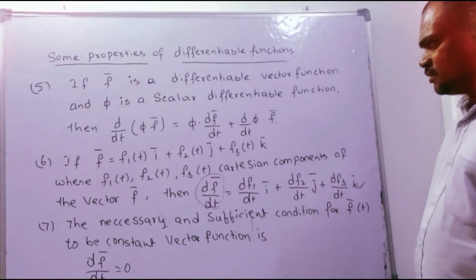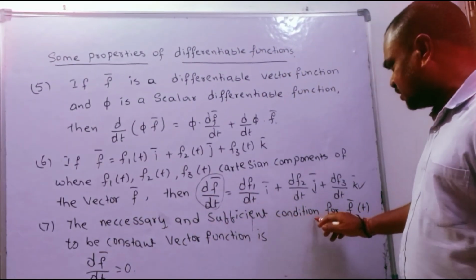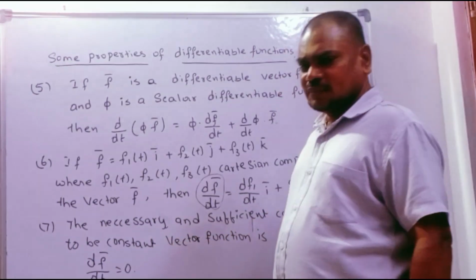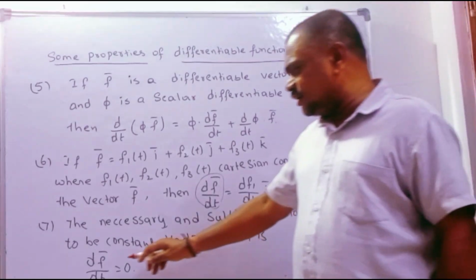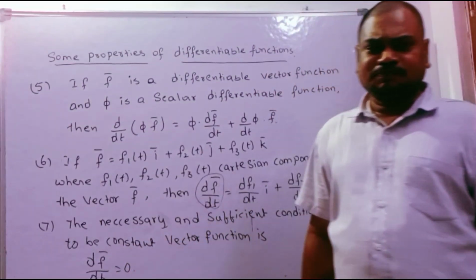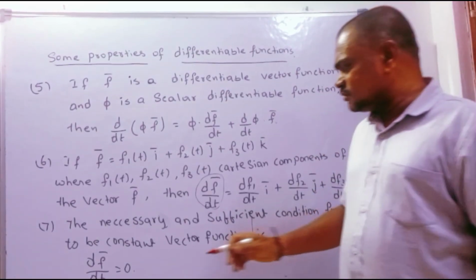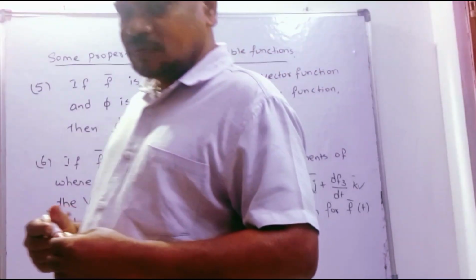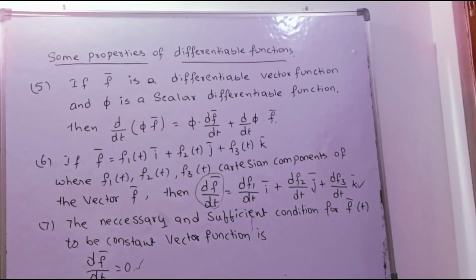These are the results. Now the seventh one: the necessary and sufficient condition for f bar of t to be constant is df bar by dt equal to 0. If the vector function is a constant function, then its derivative is 0. All of you, these are the results or properties of differentiation of functions.